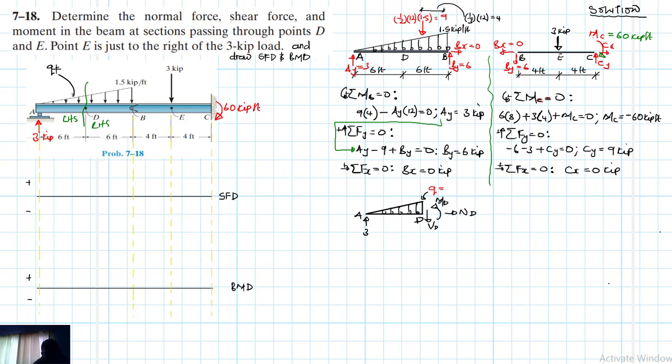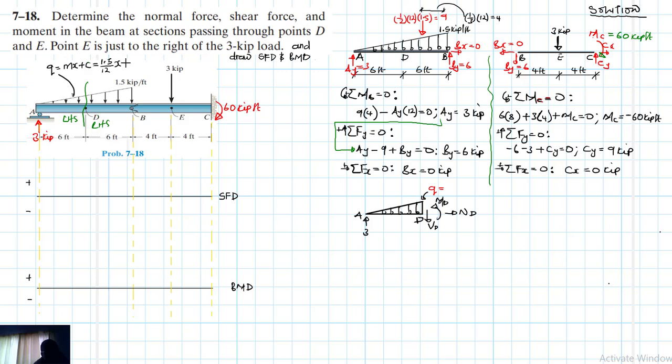We can write this in terms of the linear function, that is mx plus c. Remember this, y is equal to mx plus c is a linear function. The load is varying linearly. M is the gradient, which is a change in y divided by a change in x, which is just 1.5, change in y, divided by the change in x, which is 12. Okay, c is equal to 0.